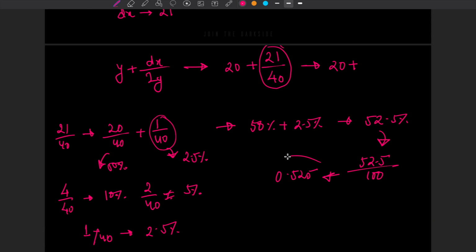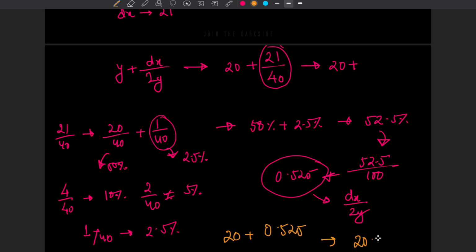This is dx by 2y. So now our equation becomes 20 plus dx by 2y, which is 0.525, that is 20.525 is our answer. Again, this is an approximation.